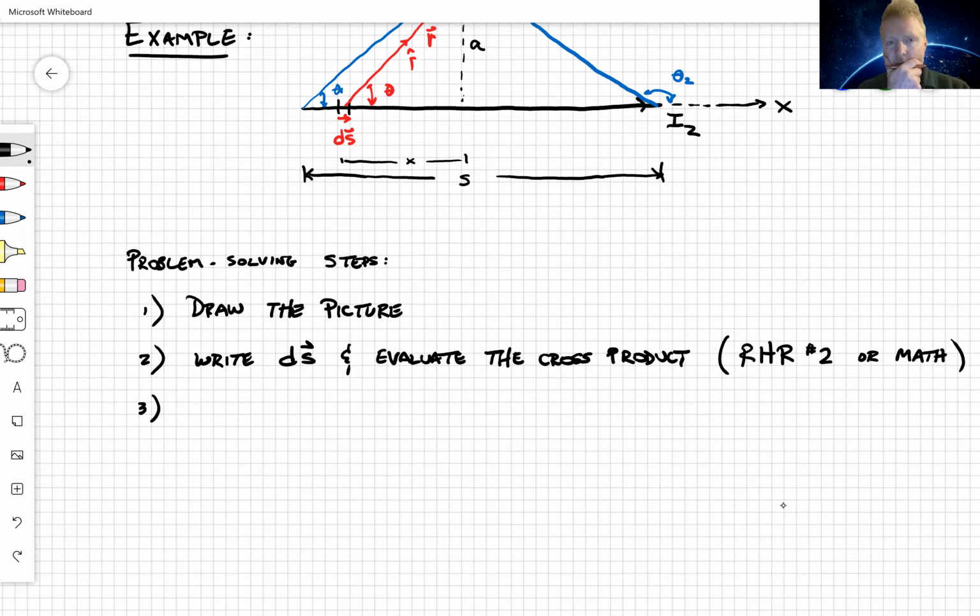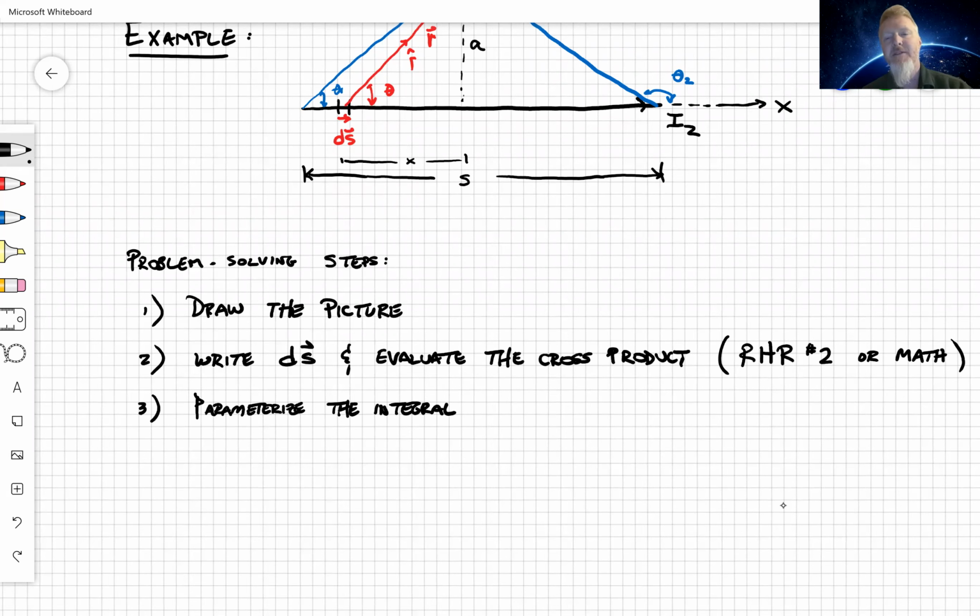So check this out. Once you evaluate the cross product, if necessary, parameterize the integral. I'm looking at it and saying, well, yeah, I am going to have a dx, but that dx is going to be crossed into r hat.